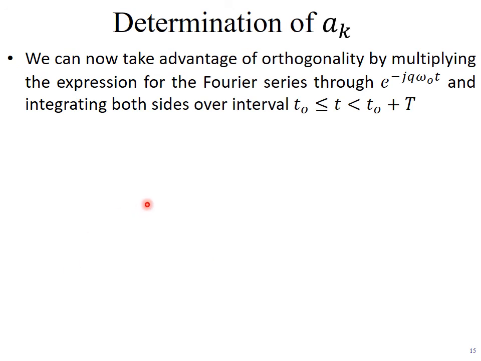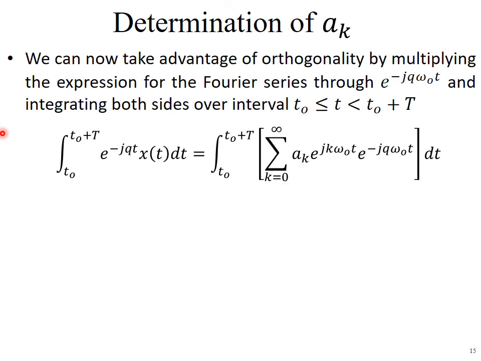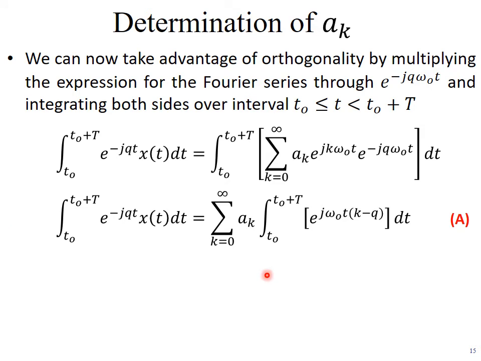So we can take advantage of orthogonality by multiplying the expression of the Fourier series by its conjugate and integrating both sides over the interval t0 to t0 plus T, right? So multiplying both sides with the conjugate of the signal, e power jk omega naught t, multiplied with the negative exponential, and then taking the integral from t0 to t0 plus T, and let's call this equation A, after simplification.